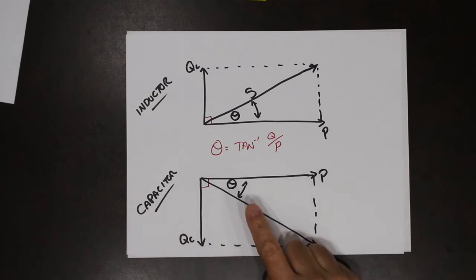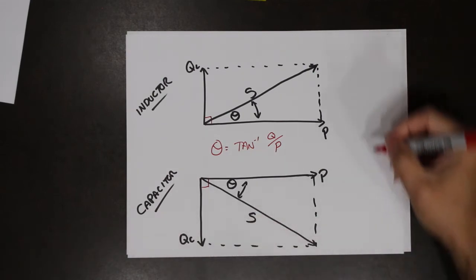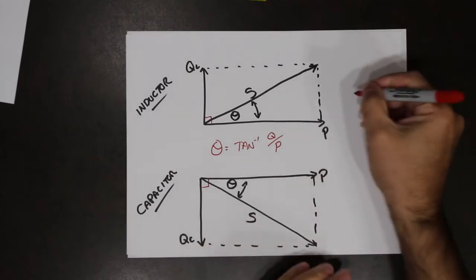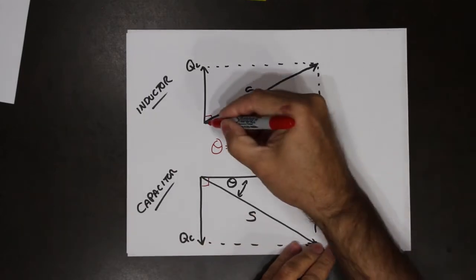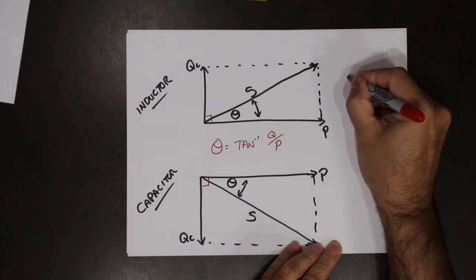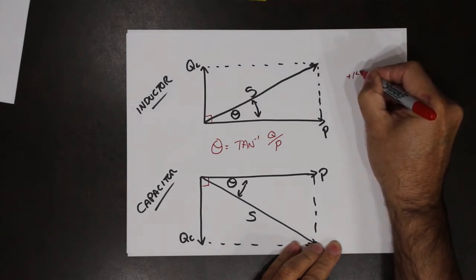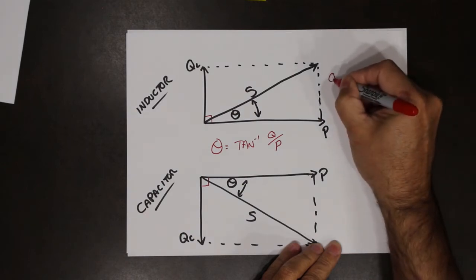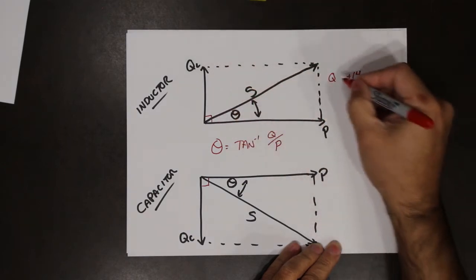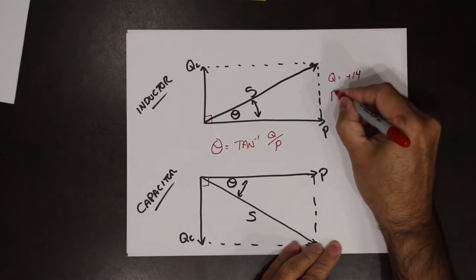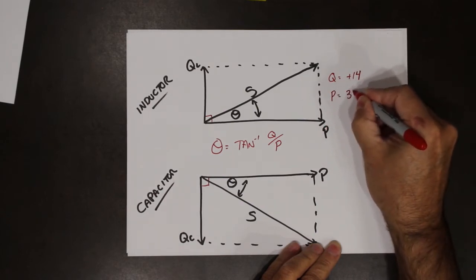So, just for the calculation point, here I have a positive going Q, so let's say Q here is plus 14. It's positive going. P is 35.